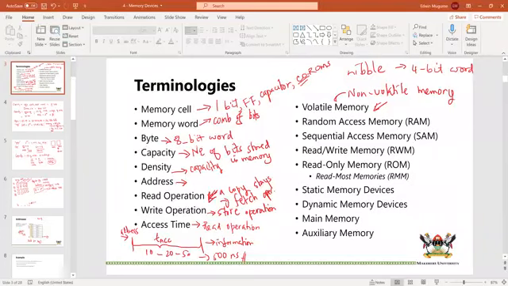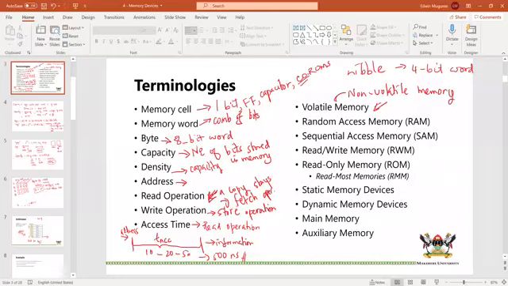But if you don't save your Word document, and then power goes off or you switch off your computer, you're going to lose those documents. It is because they were stored in a certain part of volatile memory like RAM, and then all of a sudden you lost power and the information got lost. So that's the difference between volatile and non-volatile memory. Obviously, most memory is non-volatile.